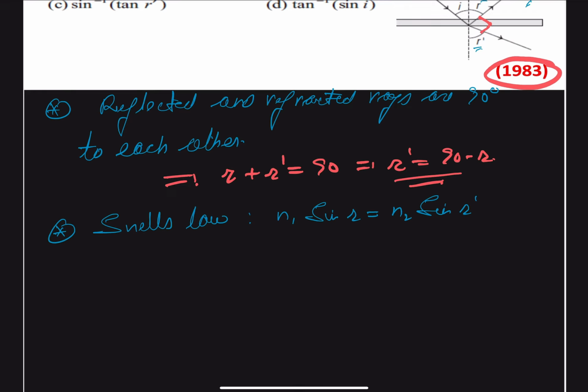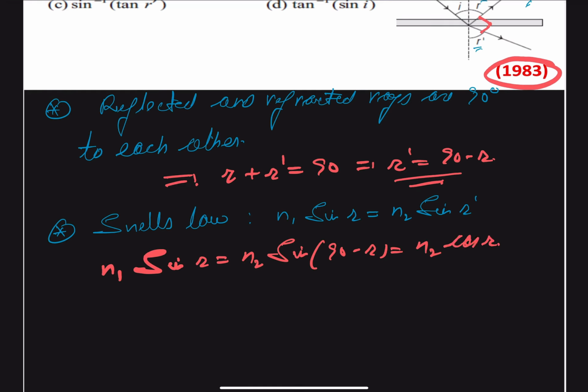We substitute the value of r prime, and we can write that n1 sine of r is equal to n2 sine of 90 minus r, which gives us n2 cos of r.